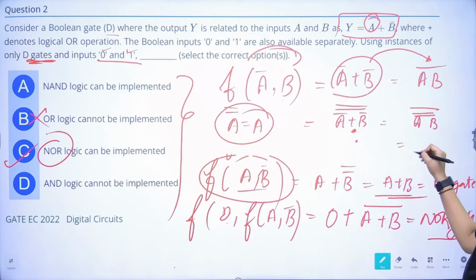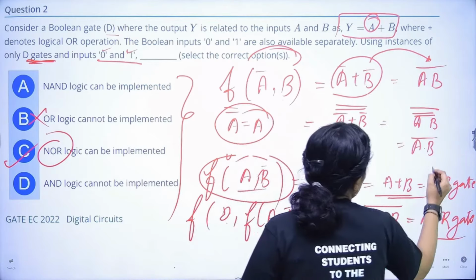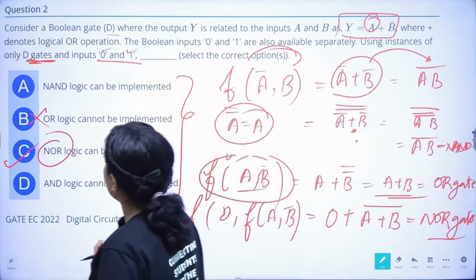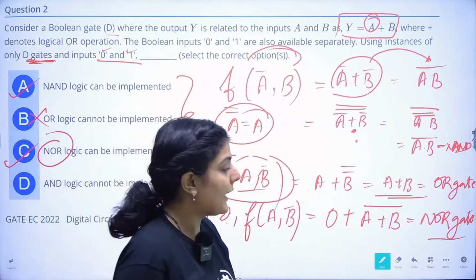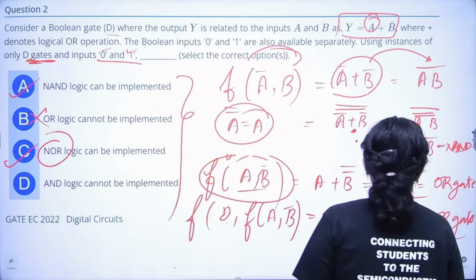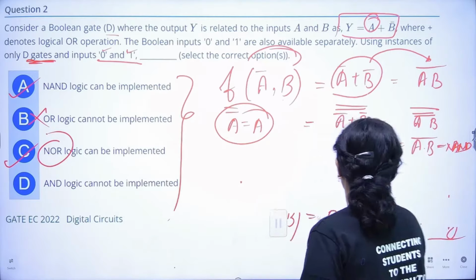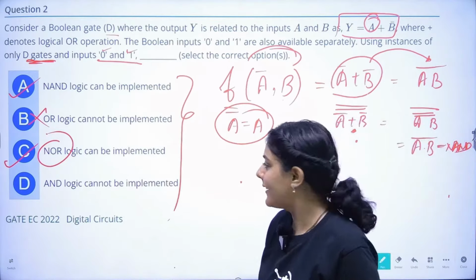So two bars will cancel out. It will be a dot b bar, right? So what kind of gate is this? We are getting the NAND gate out of here. So NAND logic can be implemented. Finally, if I take NOT of this NAND gate, I can implement the AND gate, the last gate, right?